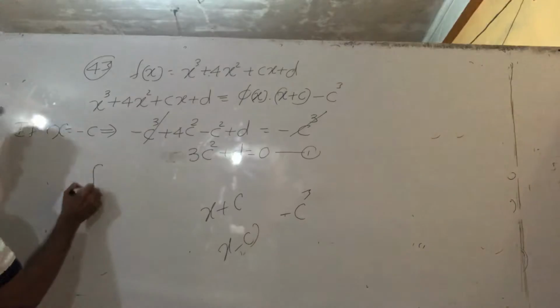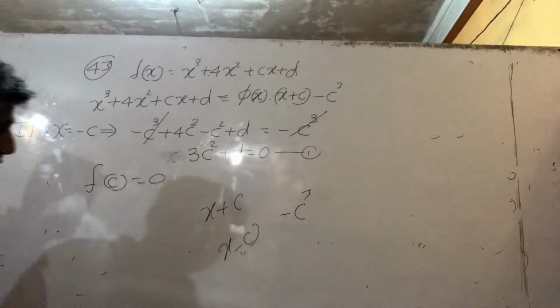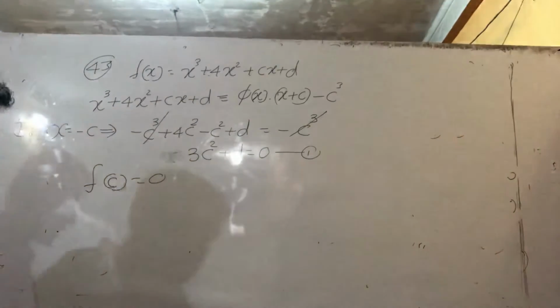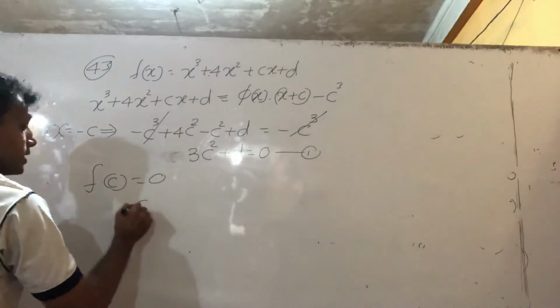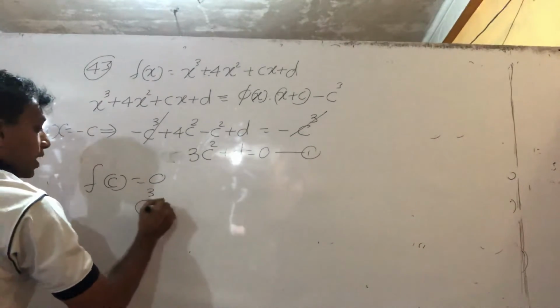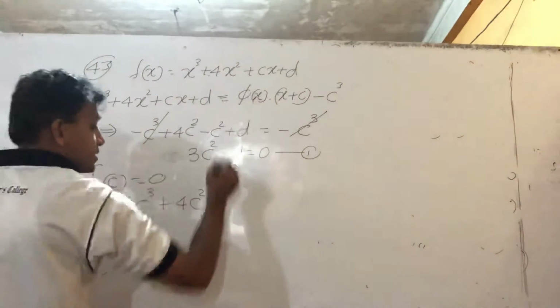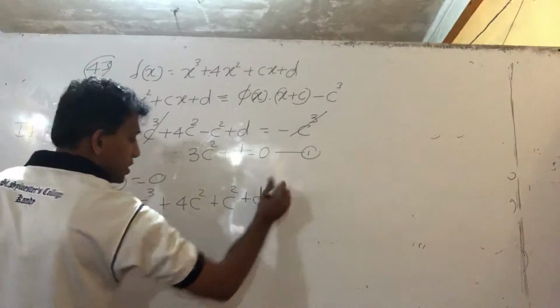Next we see f of c is 0, right? f of c is 0 because x minus c is a factor. We put x for c: c cube plus 4c square plus c square plus d equal to 0.